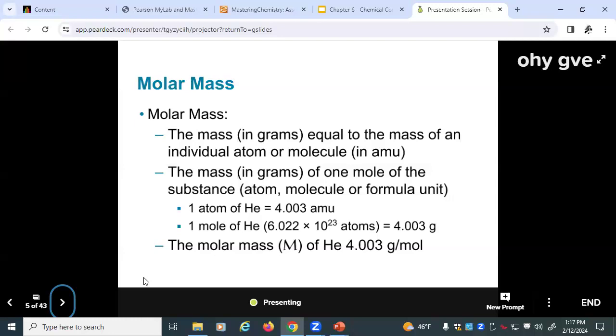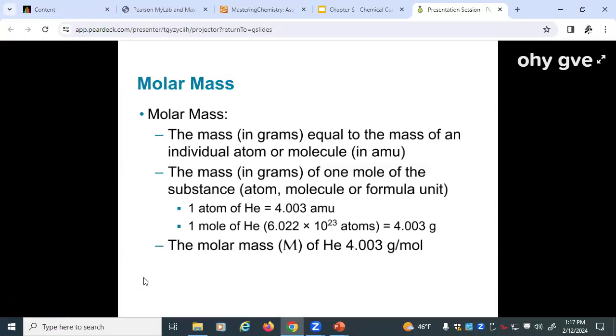But again, the concept that is kind of itching at us is the fact that it's not conceivable to measure individual atoms. If I'm doing any kind of chemical reaction in the lab, I'm not going to measure out individual grains of calcium chloride or even individual atoms of carbon.